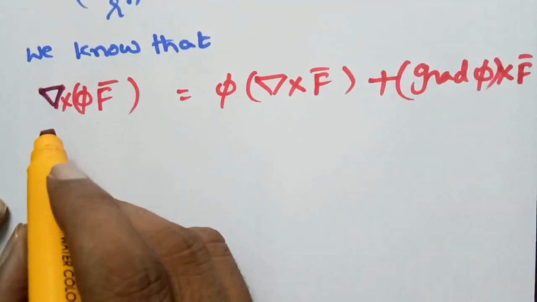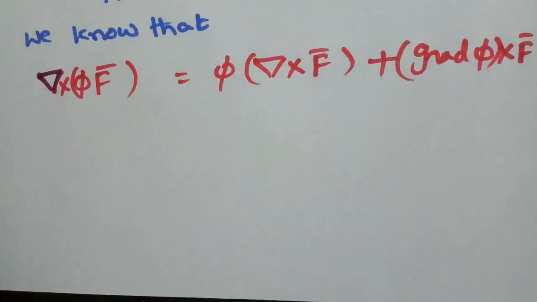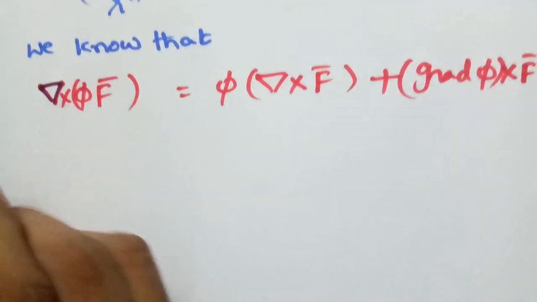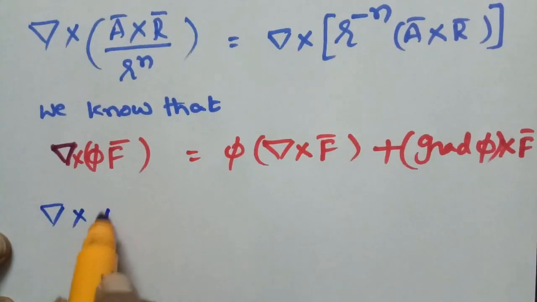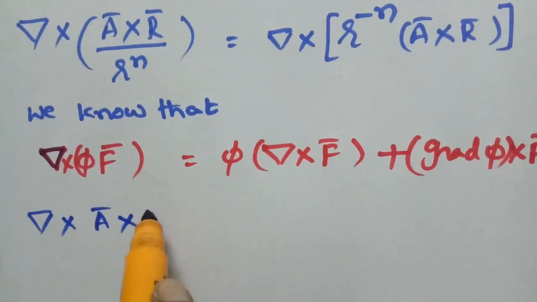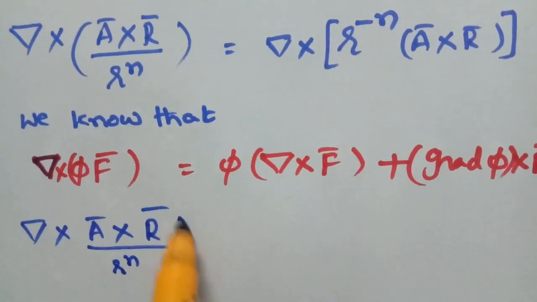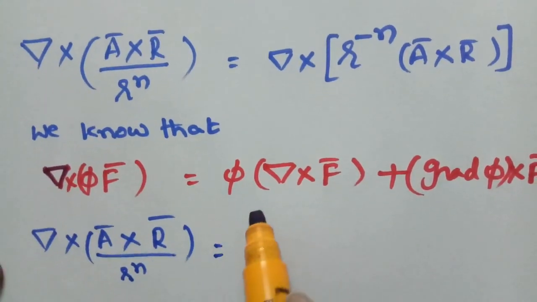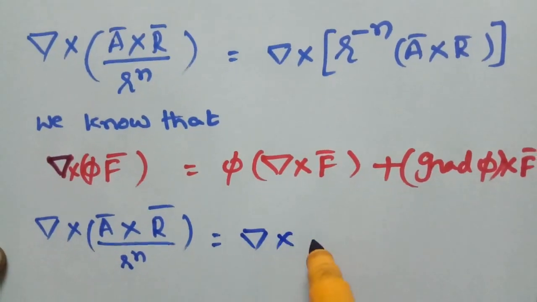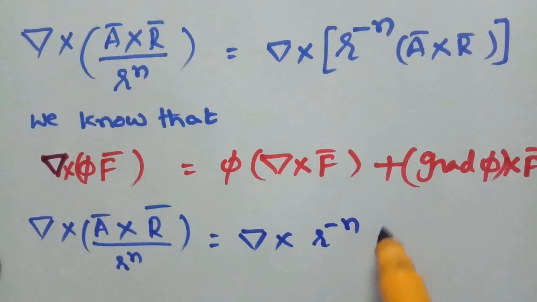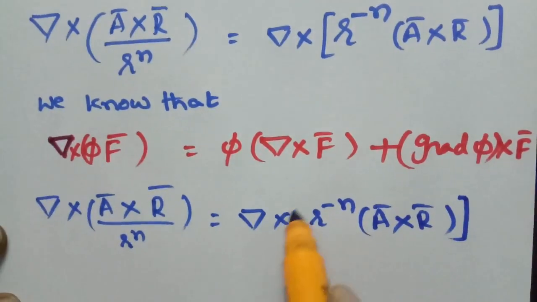Therefore, by using this formula, del cross a bar cross r bar by r power n is equal to del cross r power minus n into a bar cross r bar. The cross product is a vector.